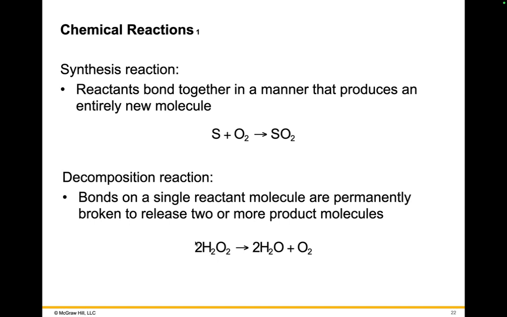Now, this is the first time you're seeing numbers in front of a molecule, and that's telling you how many of this one molecule. So H2O2 is hydrogen peroxide. And when you put a 2 in front of all of that, it's kind of like math, it factors through. So this is two hydrogen peroxides, H2O is water, and we have two H2O, so two water molecules and the oxygen molecule.